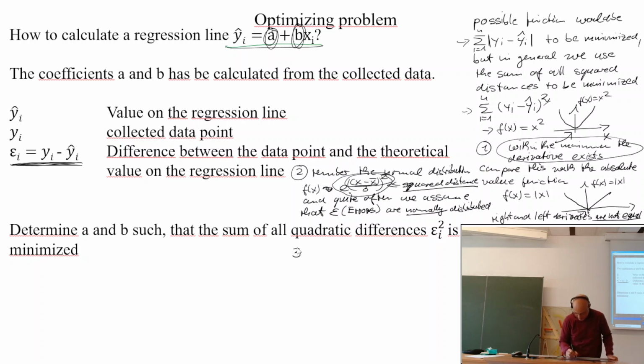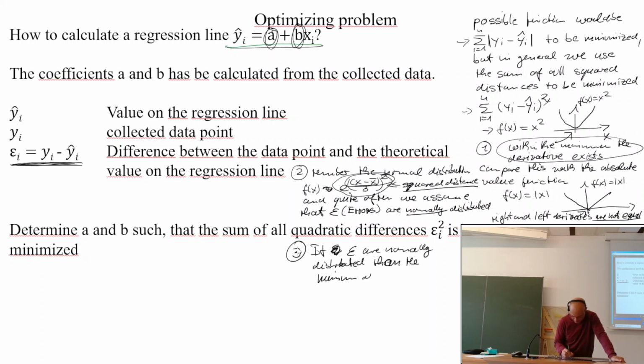And third, if epsilon or r are normally distributed, then the minimum of the squared distances is the so-called maximum likelihood estimator.